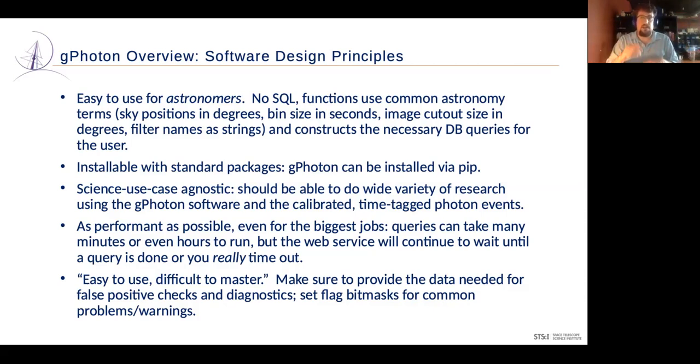One of the ways we've done that is, we have the tools that create the images, and we also have the tools that create the light curves, but when you create a light curve, the data structure that is returned to you is a table of every photon event within the aperture that you fed to the tool. Those are calibrated photon events. You can do anything you want with those. You can create your own images. You can slice them how you want if you want to carve out weird shaped pieces of sky or something.